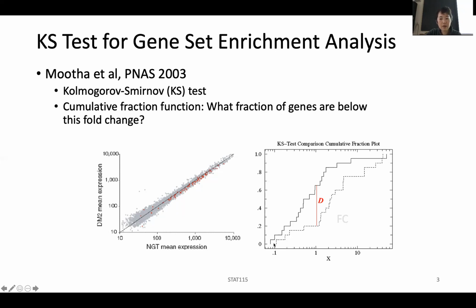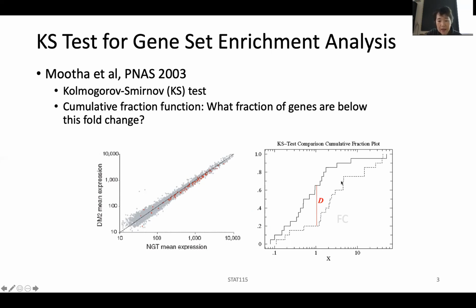So you might see initially there are some genes that have a fold change. By the way, this is already a log fold change. Sorry, this is a fold change. So you might ask what fraction of genes are below 0.1 fold change, which means the treatment and control are tenfold different. You might have very few, but then you ask how many genes are differentially expressed with one fold change, which means there is no differential expression.